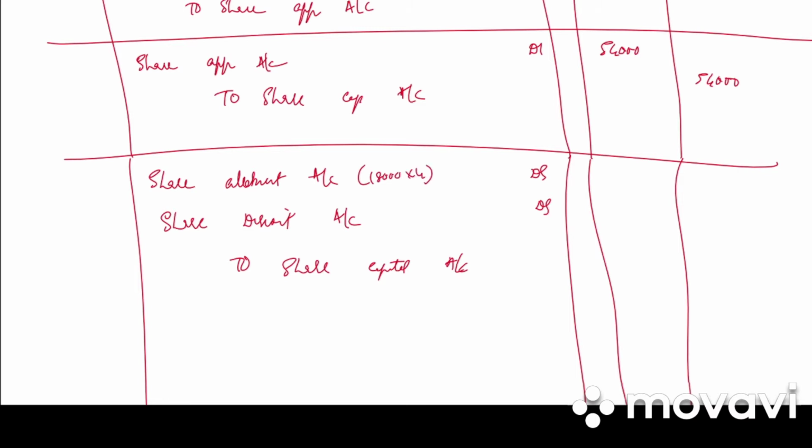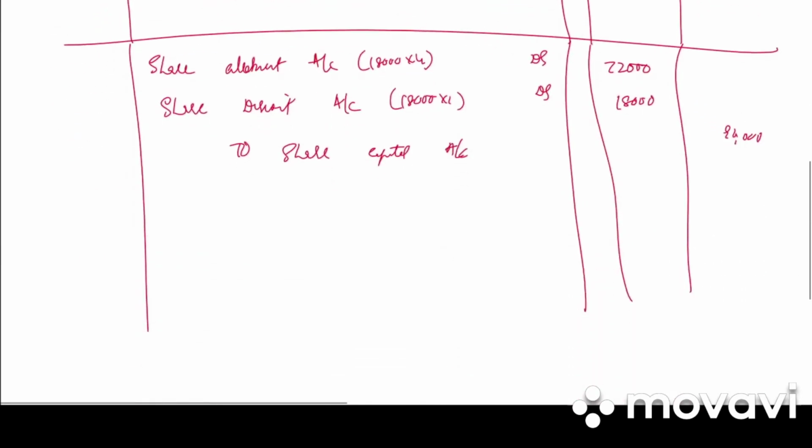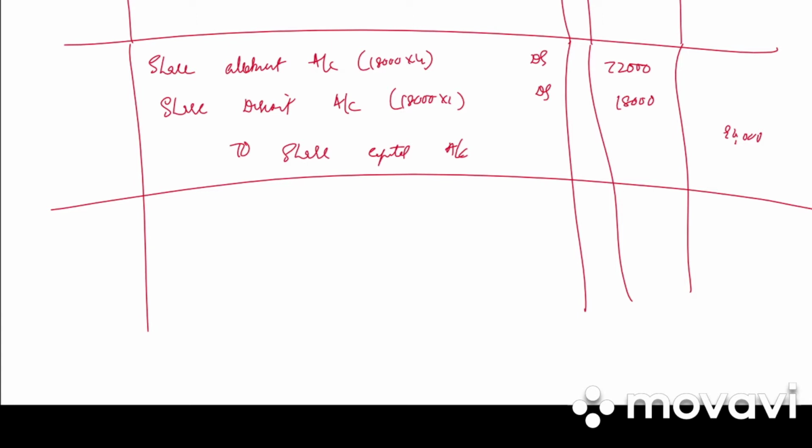So 18,000 into 4, 72,000. 18,000 into 1, 18,000, and total is 90,000. Why have I written 18,000 into 4? Because add this: 3 plus 4 plus 2 is 9, which means rupees 1 is the discount. Clear? So write the narration: amount due on allotment excluding discount.